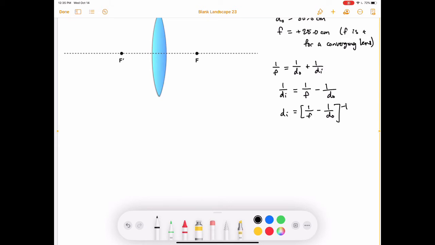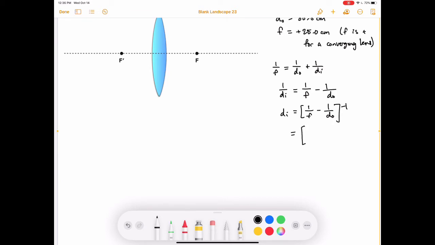So here's a mistake you don't want to make. This is not the same as just f minus dO. That is not correct. We actually have to do 1 over f minus 1 over dO, and then take that to the minus 1 power to actually get this right.